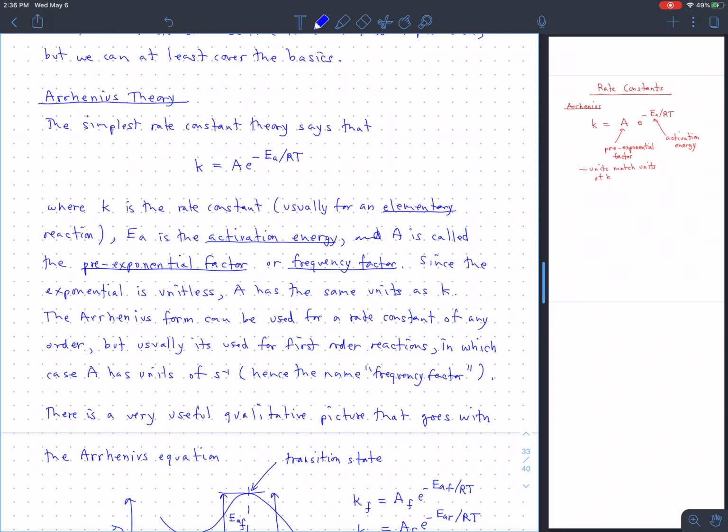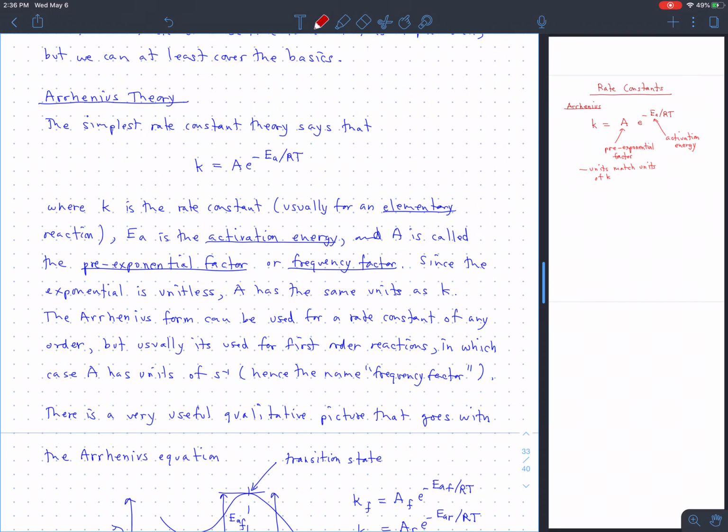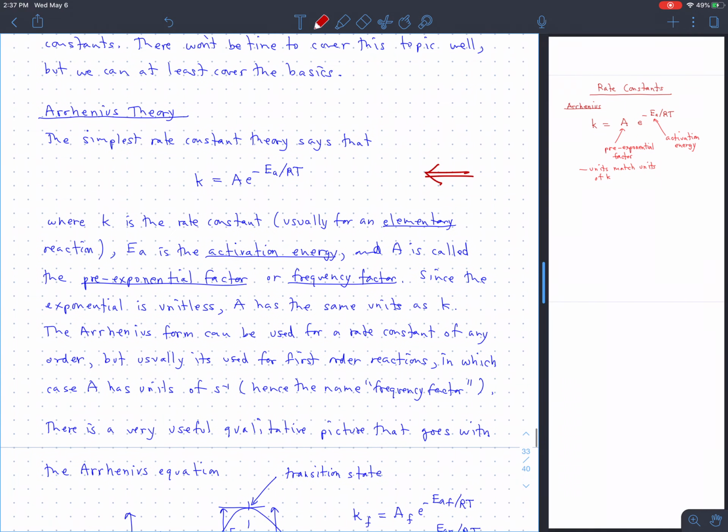Now let me say from the beginning that Arrhenius theory isn't really rigorous. It's an approximation, and it doesn't always get followed by every chemical reaction. If you're going to do this in any research setting or any setting where the reaction is not very well known, you've got to kind of prove that it's Arrhenius before you start using the Arrhenius theory.